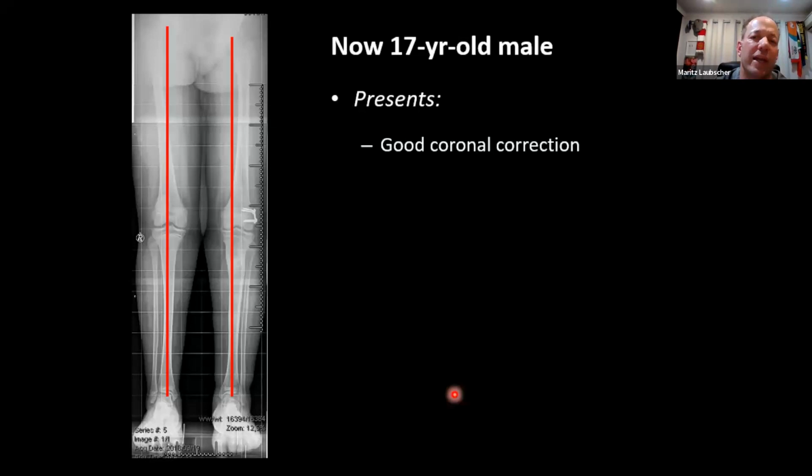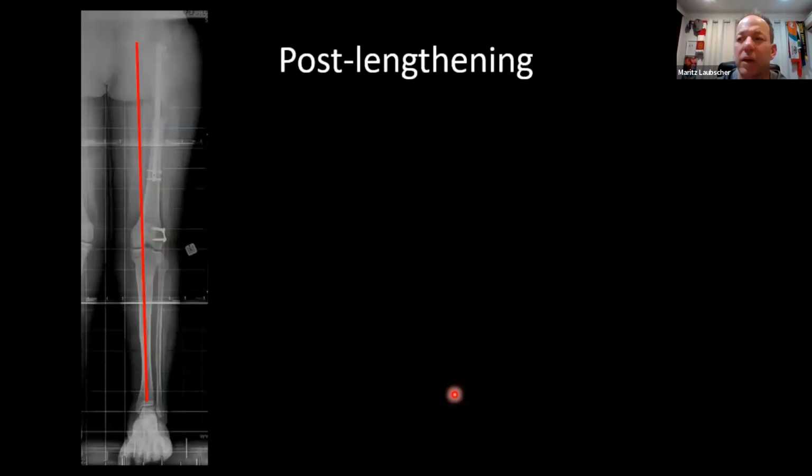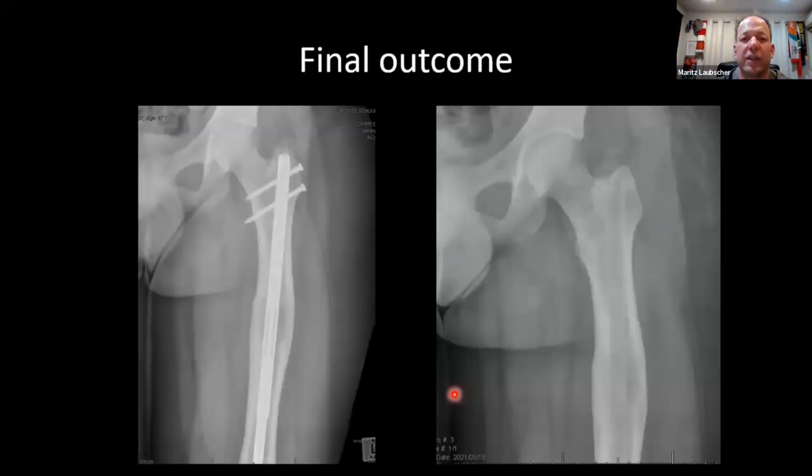So we elected to wait till everything is healed and he is skeletally mature, and then did a precise lengthening for him at the proximal femur. Eventually his leg length is restored, and his overall alignment is the same as the other side.